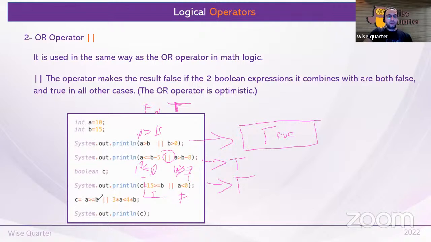A is higher or equal to B. A is not higher or equal to B, it is false. 3 times A, 30, is smaller than 4 times B, 60. It is also true, so the result will be true. I'm saying true, but writing false, I don't know why. So, okay, I think we understood what it means to use OR, sorry.